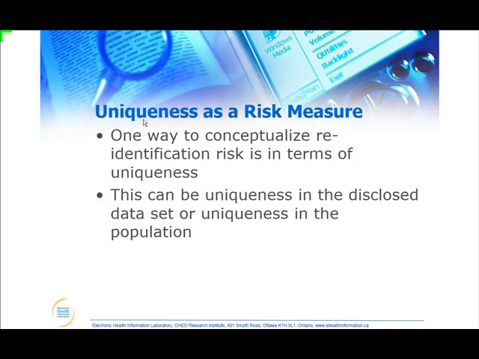So on the variables that you're interested in, the variables that can be used for re-identification, we call them quasi-identifiers, the individual is unique on those. It means they're the only person with those values on those variables. For example, if the values are date of birth and postal code, then if you're the only person who was born on that day and who lives in that postal code in the database, then you're unique in that database.